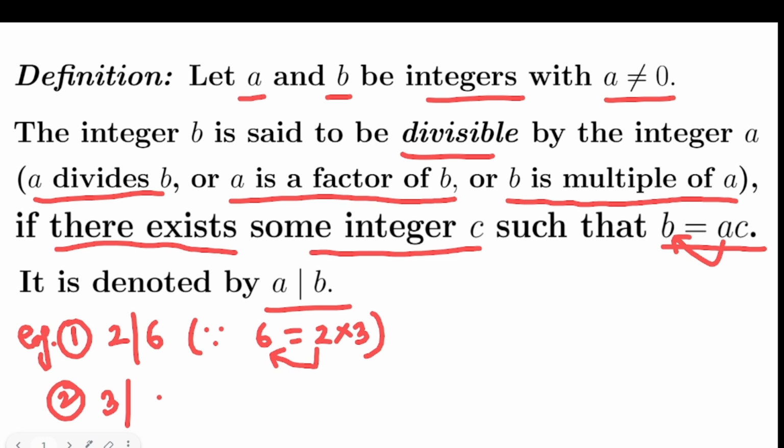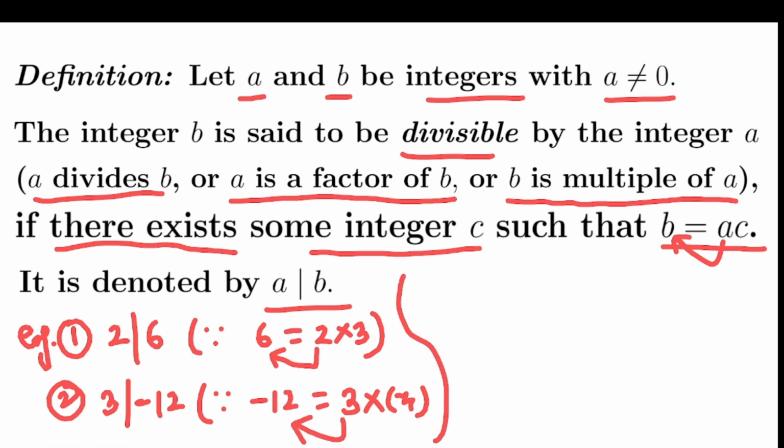See, 3 divides minus 12 because we have an integer minus 4 for which 3 into minus 4 is equal to minus 12.